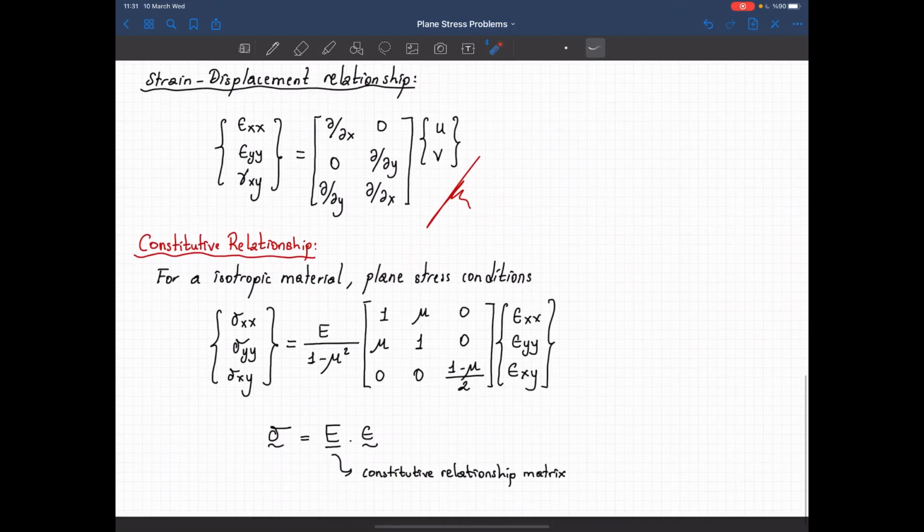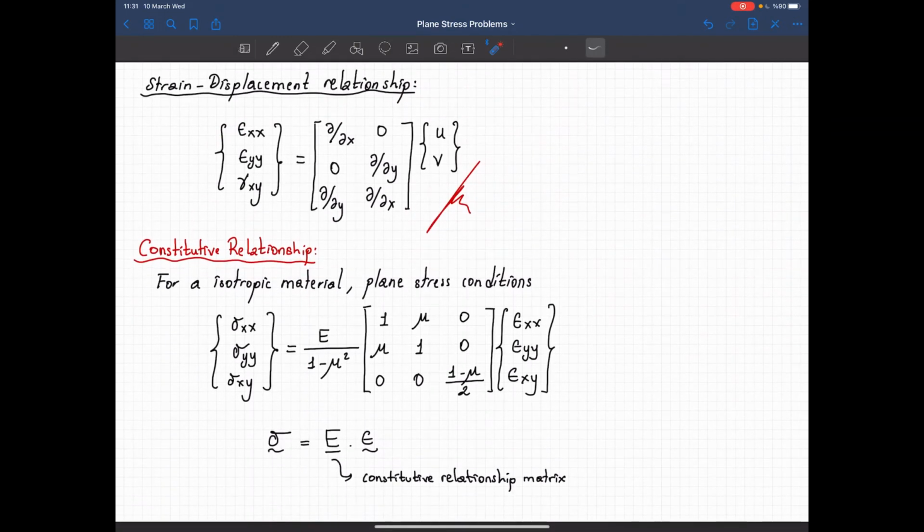And as a final step, we relate the stresses with the strains. For that, we use isotropic material and plane stress conditions. And when you use Hooke's law with these two assumptions, this is what you will get. If you want to solve a plane strain problem, for example, then you will have a different constitutive relationship here.